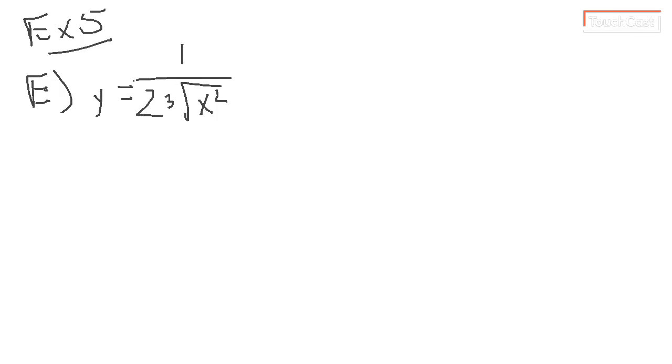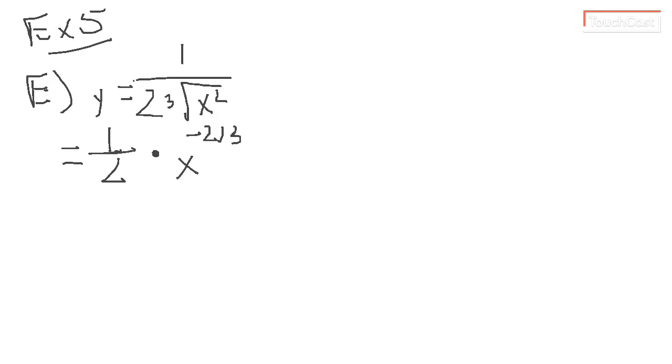Now we can rewrite this as 1/2 times x to the negative 2/3. That 1/2 is our c value. Our function is x to the negative 2/3.